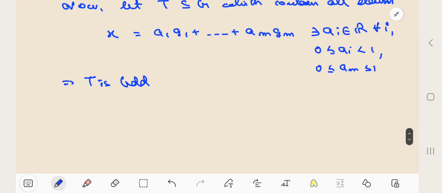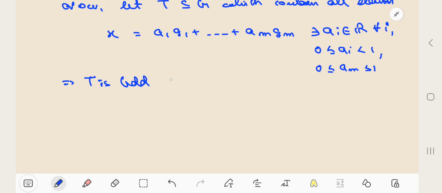In fact, if you check the norm of x, it can be interpreted in terms of the norms of these ai, and the norm of each individual ai is between 0 and 1, or can be thought of as less than or equal to 1. So I can think of a closed ball immediately, right?